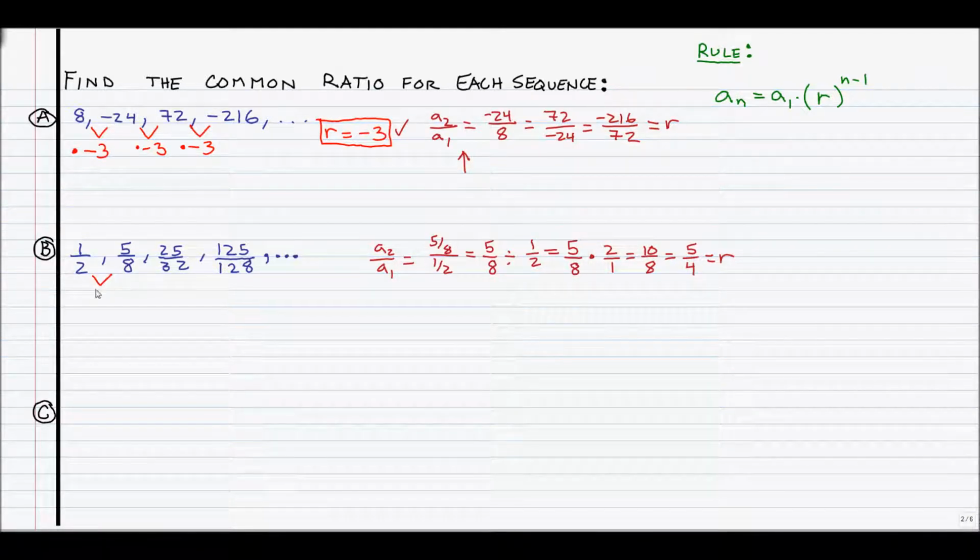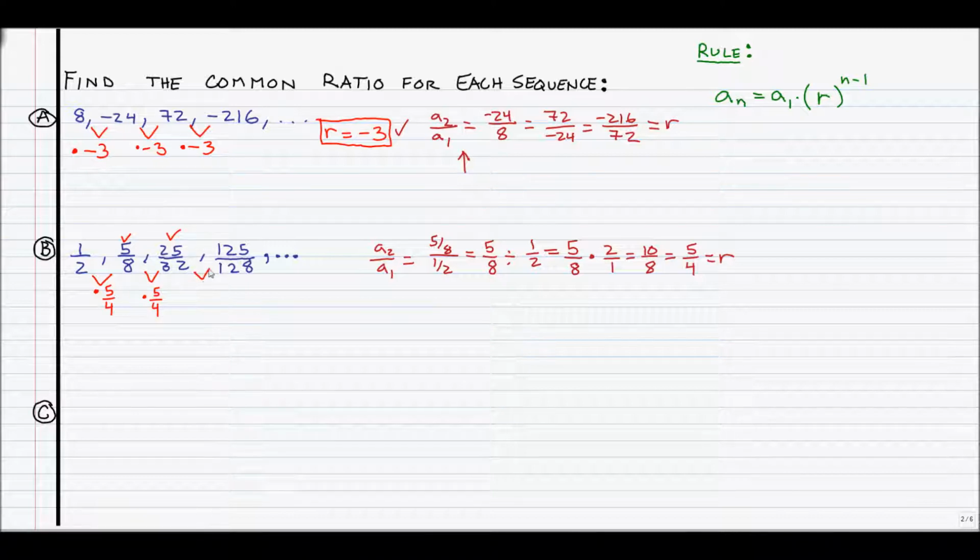Let's see. If we're multiplying by that ratio, 5 over 4, 1/2 times 5 over 4 would be 1 times 5 is 5, 2 times 4 is 8. That one definitely works. Let's try it again. If we multiply 5 over 8 times 5 over 4, 5 times 5 is 25, 8 times 4 is 32.